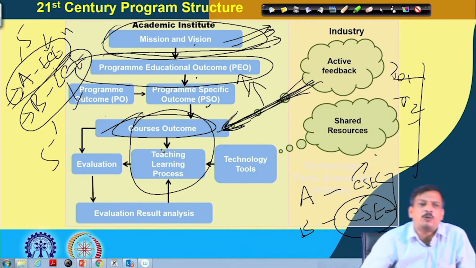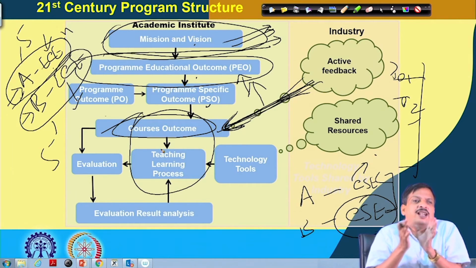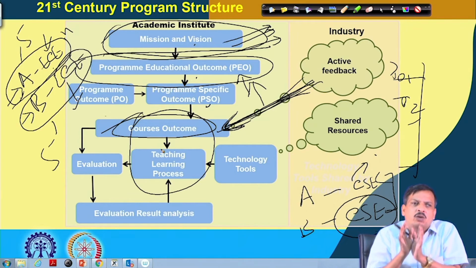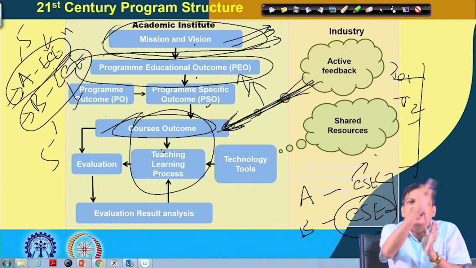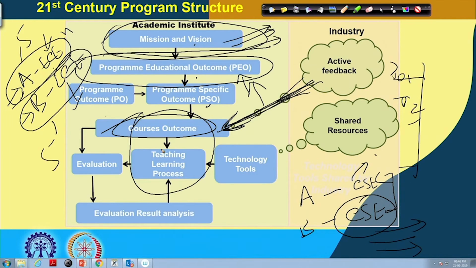Then teaching learning process, modern tools usage, if you see that. Suppose you say that mechanical engineering requires modern tools which are used by industries A, B, C, D, E and many more, and our institute may not have that tool. So, industry should come forward to share those resources so that the skill is covered.